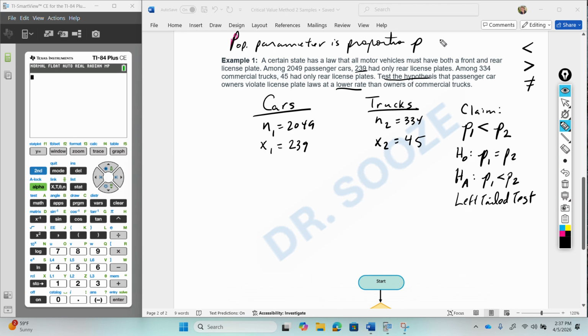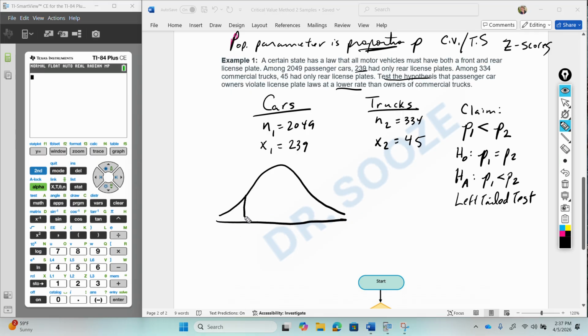Since the population parameter is a proportion, my critical value and my test statistic are going to be z-scores, or z-values. Since I have a left-tail test, all of the rejection region, or critical region, is in the left tail.